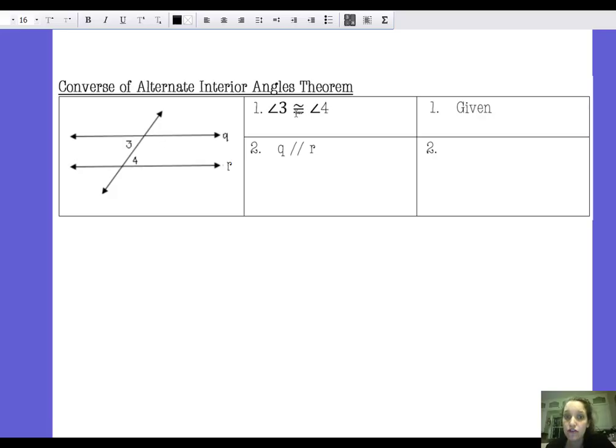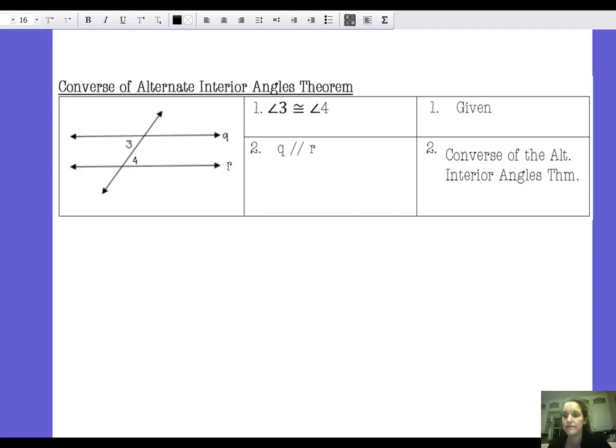So because I told you those two angles were congruent, we're allowed to say in the next step that line Q and line R are parallel by the converse of the alternate interior angles theorem. So because these are alternate interior angles and I tell you from the get-go that they're congruent, then in the next step you can prove that the lines are parallel by the converse of the alternate interior angles theorem.